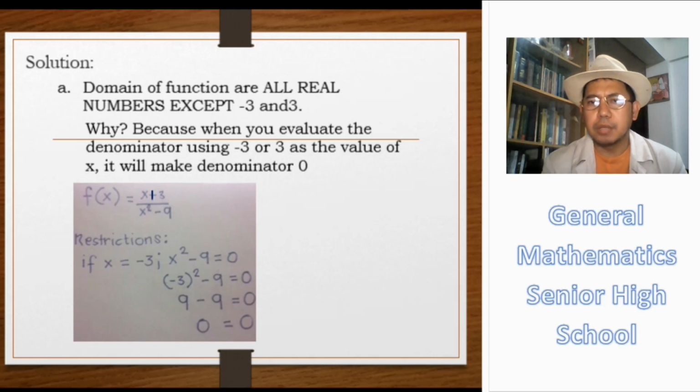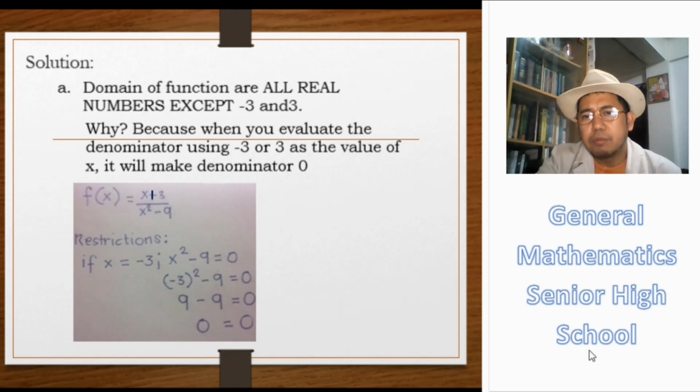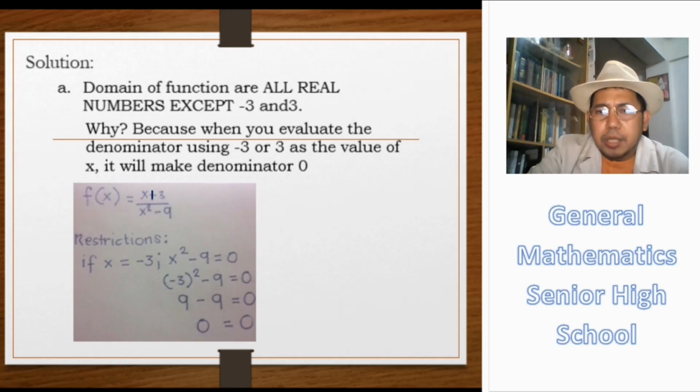Now considering that we are saying that -3 and +3 are not supposed to be included as the domain of the function, using -3 as the value of x, we will check if it will give a result of 0 in our denominator. So you will notice the quantity -3 raised to the second power minus 9 is equal to 0.